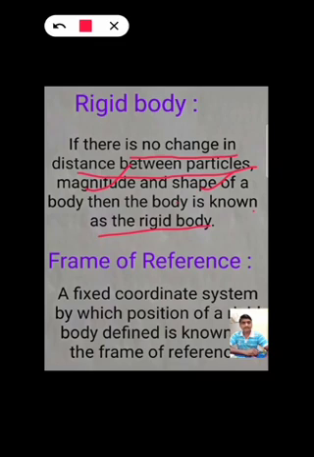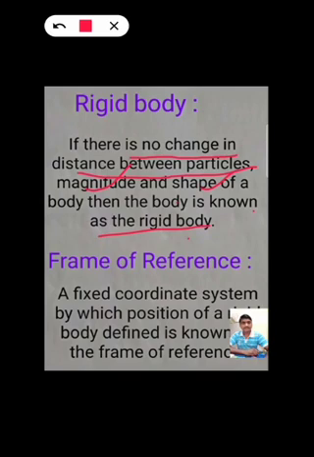Next, to define the position of any body, not only rigid but also any object, definitely we need a reference system. With the help of the reference system, we can define position. The same way, we require a fixed coordinate system to define the position of a rigid body.